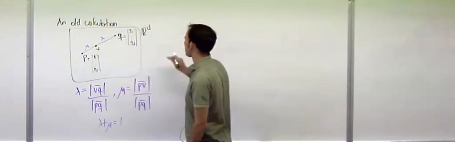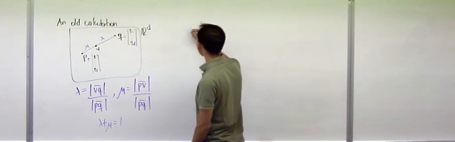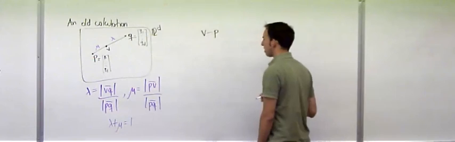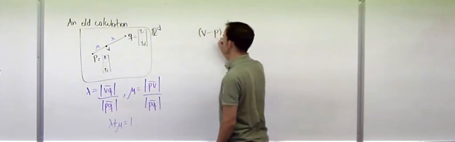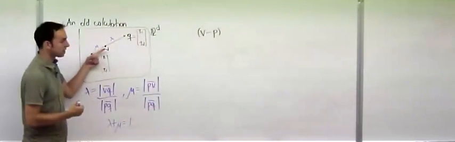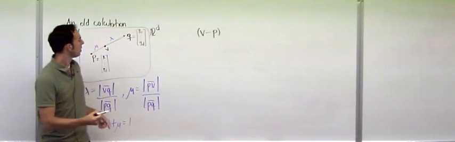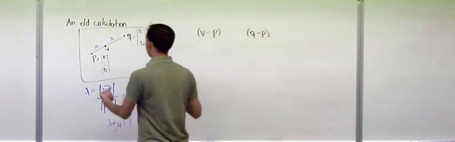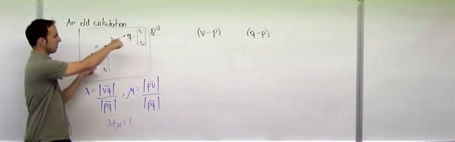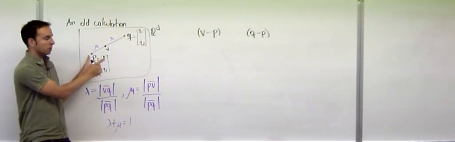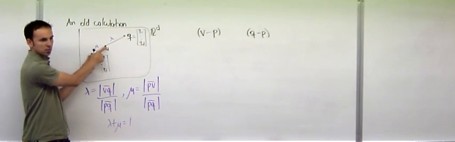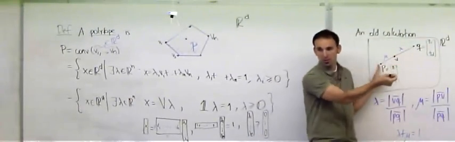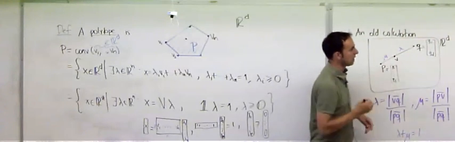The way you do it is you say, okay, well, look at the vector V minus P. Okay? So that's a vector like this. And look at the vector Q minus P. So that's this whole vector from P to Q. Of course the vector PV is just mu times the vector PQ, because they have the same direction, but it's only mu of the length.